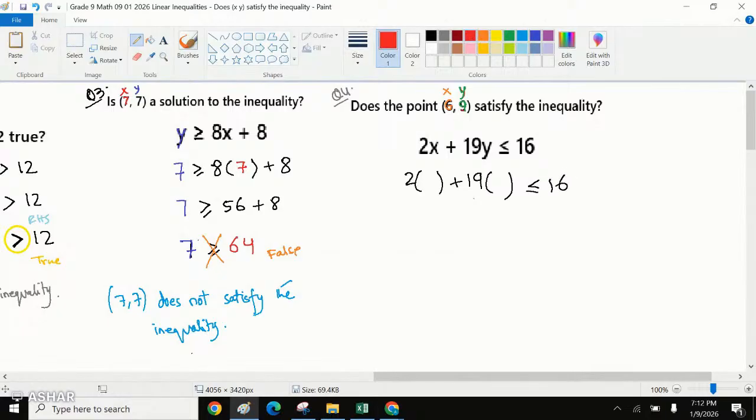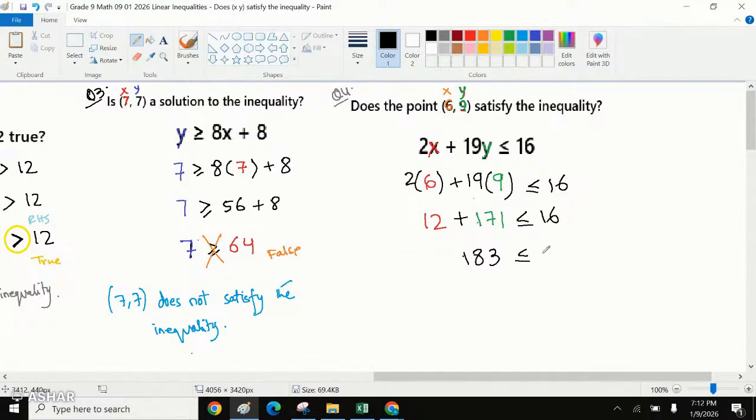The value of x was given as 6 and the value of y was given as 9. We know that 2 times 6 is 12 plus 19 times 9 should be a very huge number, 171, right? Is it less than or equal to 16? 171 plus 12 comes out to be 183.